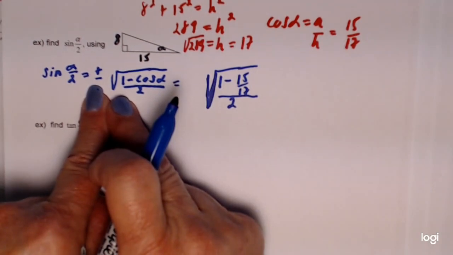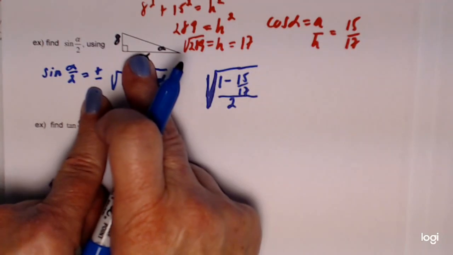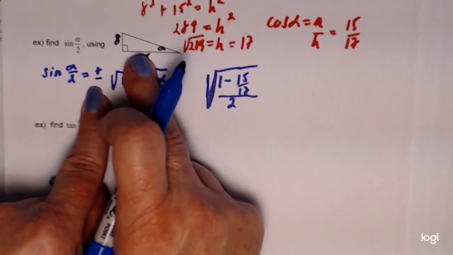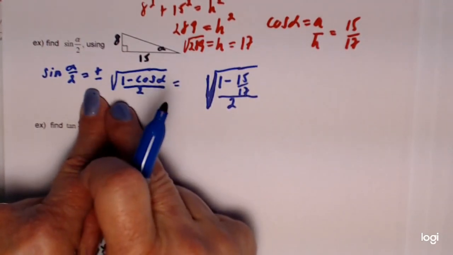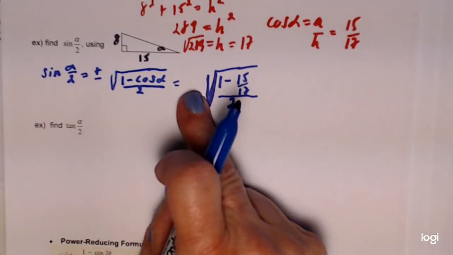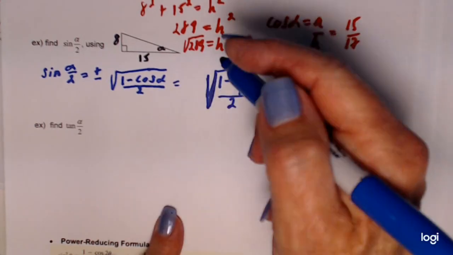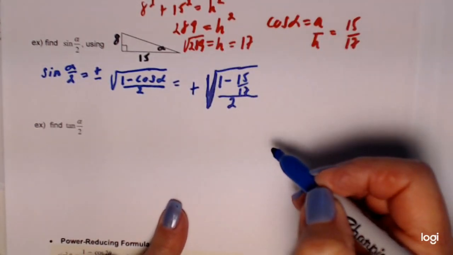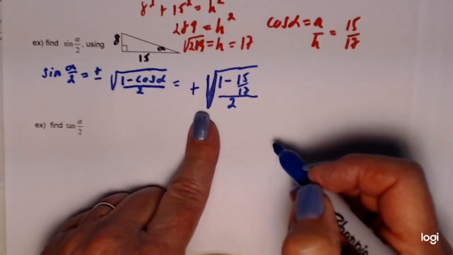Which one do we use for our answer? Again, being that we have a picture of a triangle, we make the assumption it's in Q1, and so therefore our sign is also going to be positive. I'm not going to, well, maybe I will, just so you know, it's not that I forgot the sign, it is going to be positive.